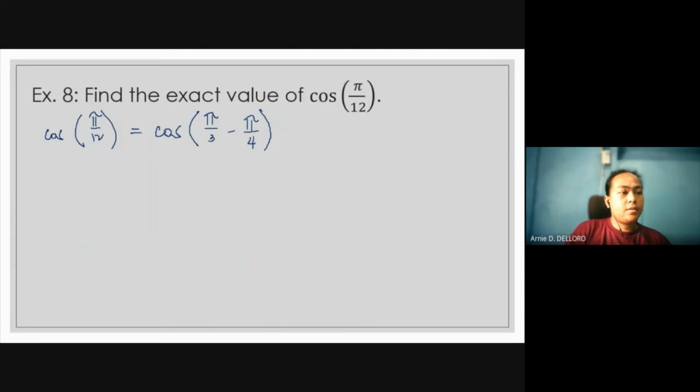Matagal mag-erase. Okay? So we have cosine pi over 3 minus pi over 4.